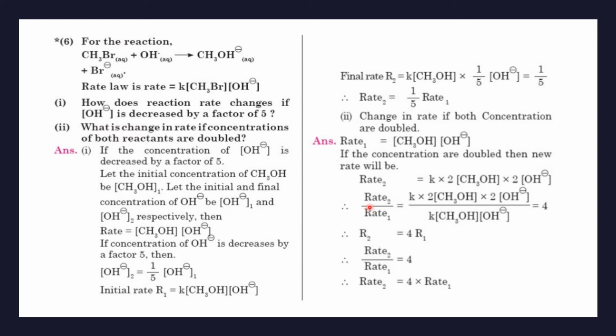Therefore, rate 2 upon rate 1 is equal to k into 2[CH3Br] into 2[OH-] upon k [CH3Br][OH-]. On cancellation, we get the answer 4. That means R2 is equal to 4 R1. Therefore, rate 2 is equal to 4 into rate 1.